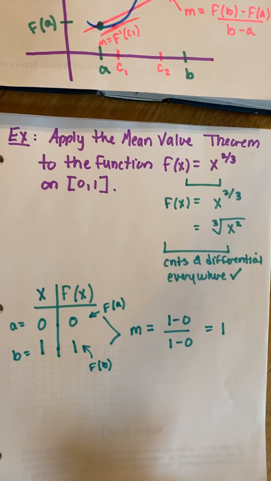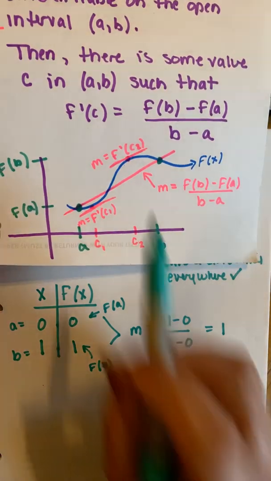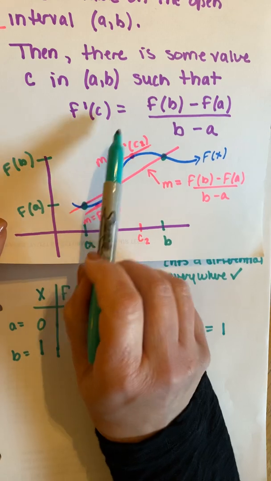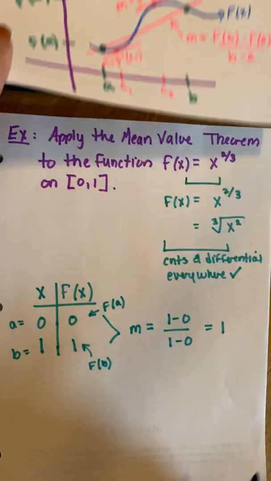Now, the next step, the mean value theorem says we can find some point in the interval between 0 and 1 where the derivative at that point is equal to the slope that we just calculated.